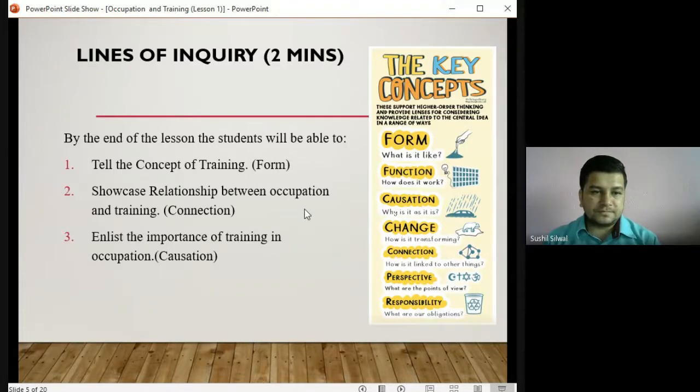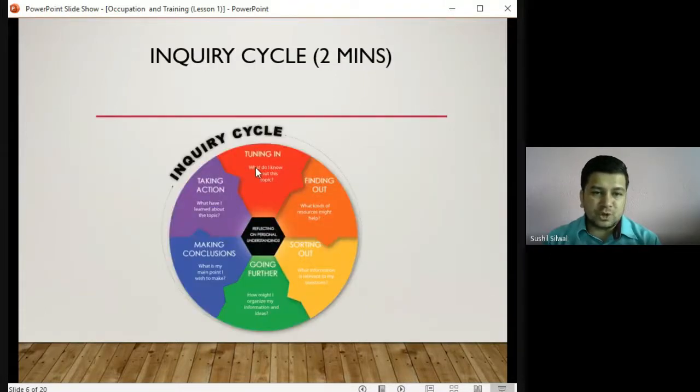Now, in this inquiry cycle, the first one is tuning in: what do I know about this topic? Based on the KWHL chart, what you know you have already written down about the topic. Next in that KWHL chart, you could see what kind of resources might help in finding out.